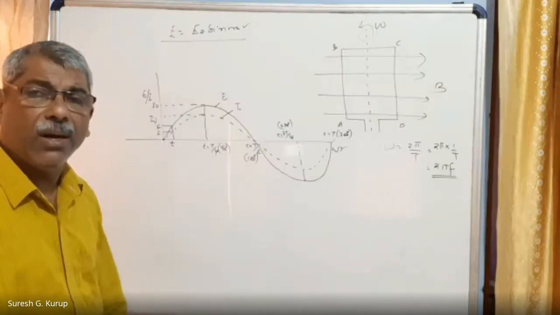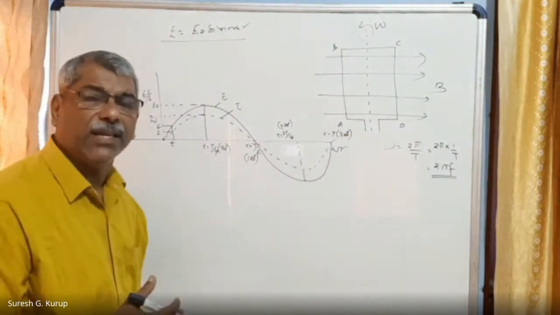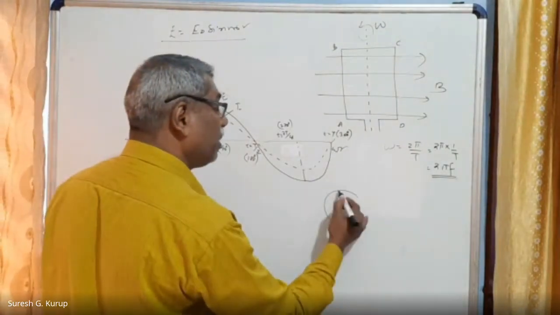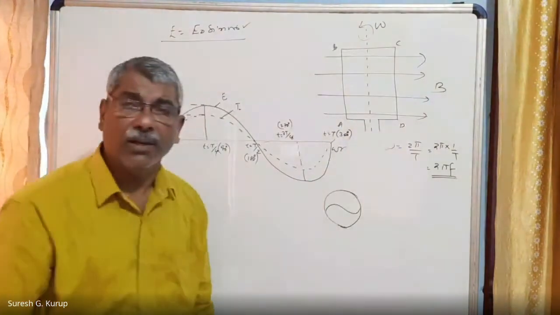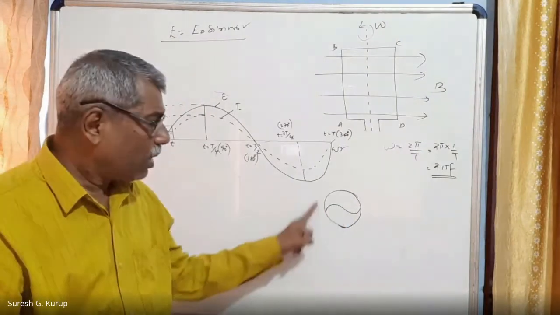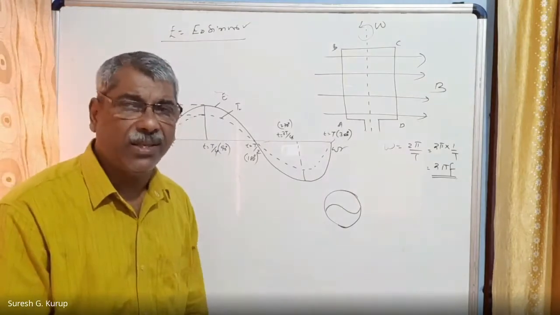In our physics, many times we have to represent the AC current or AC EMF. It is represented like this, right? A sine curve is kept in a circle. This is AC EMF or AC current. Mainly this notation is given for AC EMF.